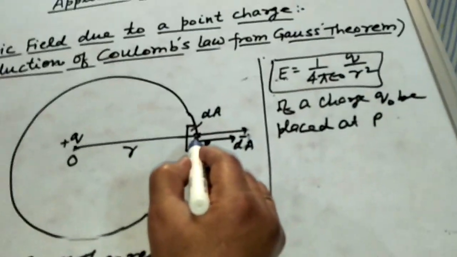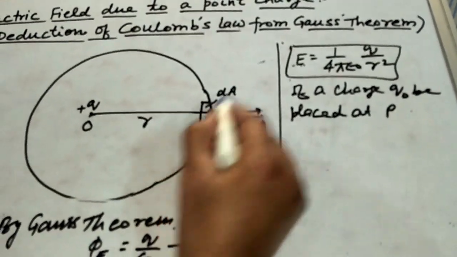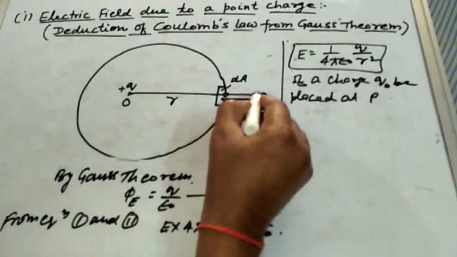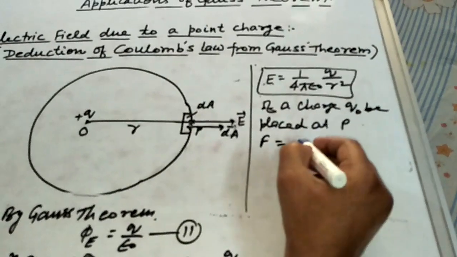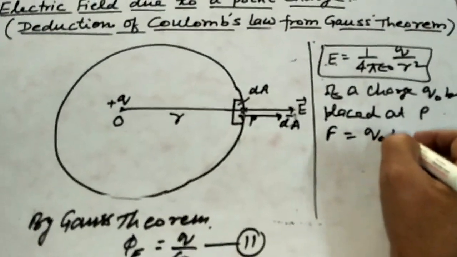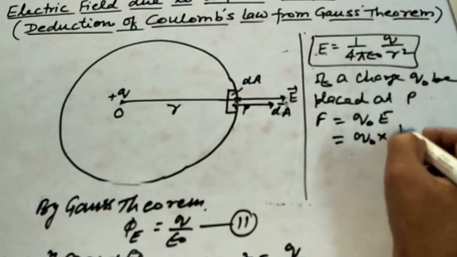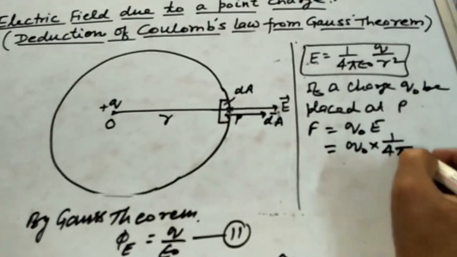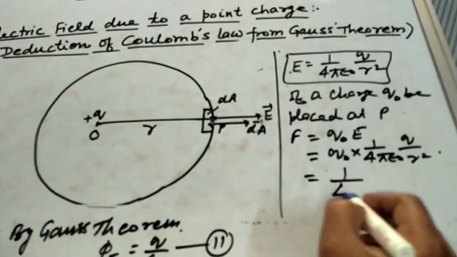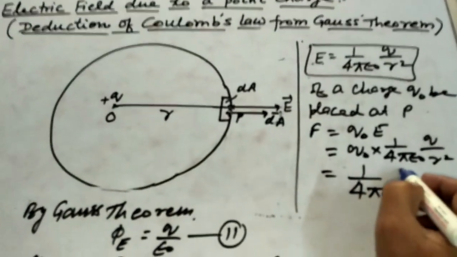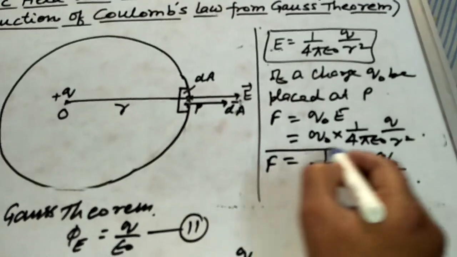And if a charge Q naught is placed at this point, then that charge will experience a force due to this electric field E. So the force experienced by this charge Q naught, F is equal to Q naught into E, which is Q naught, and in place of E you can write 1 upon 4 pi epsilon naught Q by r square, and finally this is equal to 1 upon 4 pi epsilon naught Q naught Q upon r square. This is the force, which is what here?